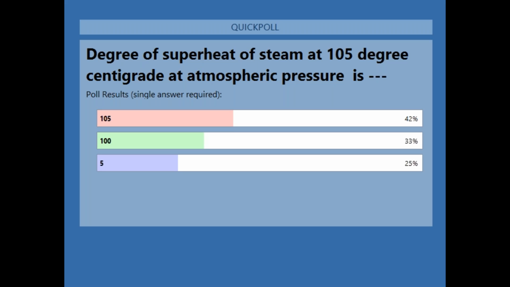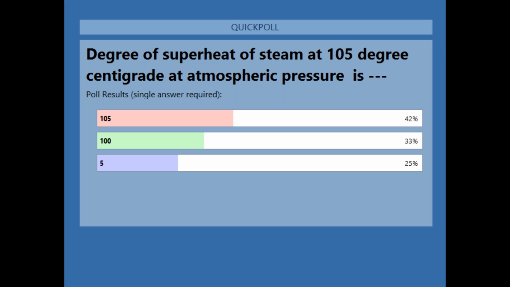What is the degree of superheat? It is the difference between the superheated steam temperature and its corresponding boiling point. In this case, the superheated steam temperature is 105 and the corresponding boiling point at atmospheric pressure is 100. Hence, the degree of superheat is 105 minus 100, which is 5. About 25% of the class have understood this concept.